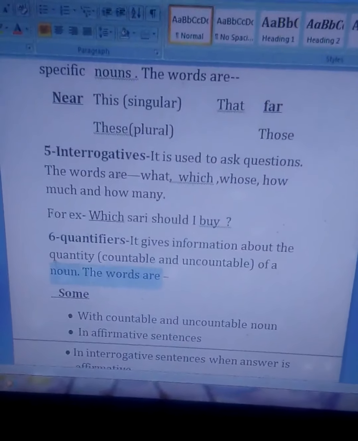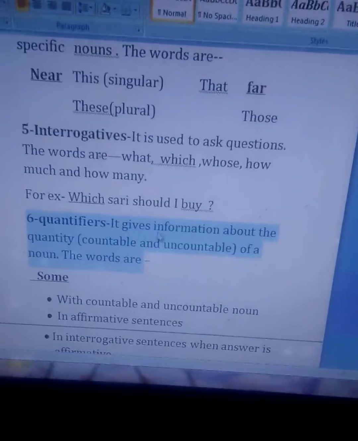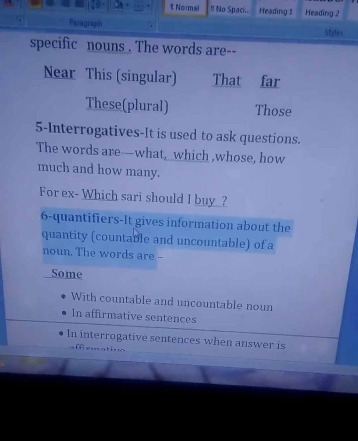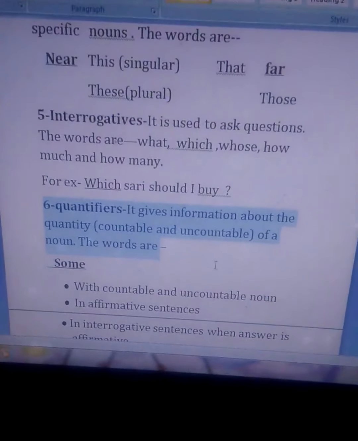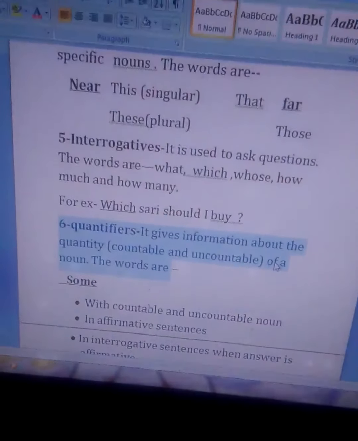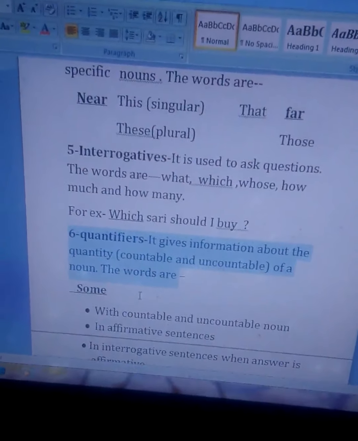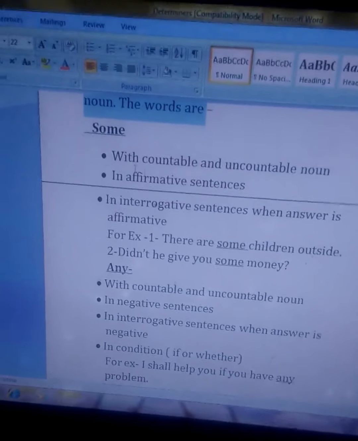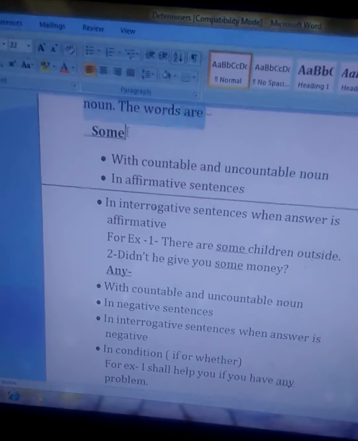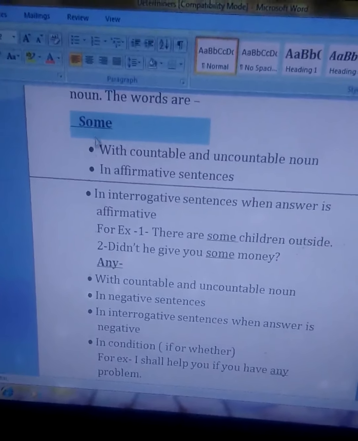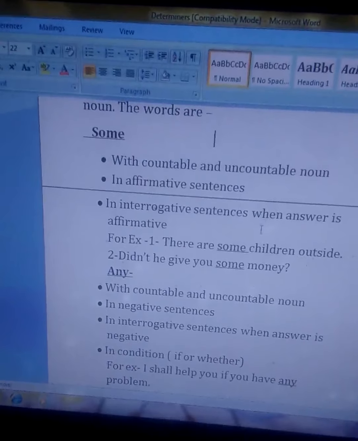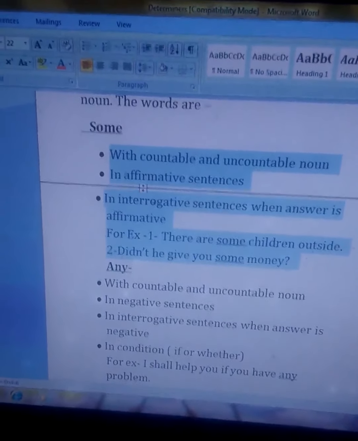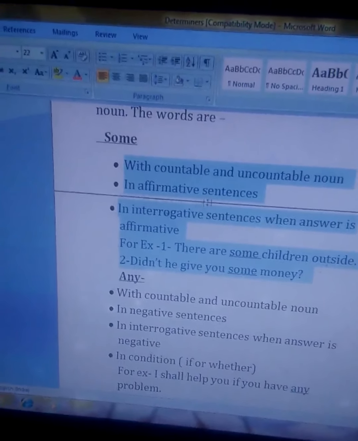Next is quantifiers. It gives information about the quantity. Quantity may be countable and uncountable. The first words are some and any. Both words can be used with countable and uncountable, but some is used in affirmative sentences.